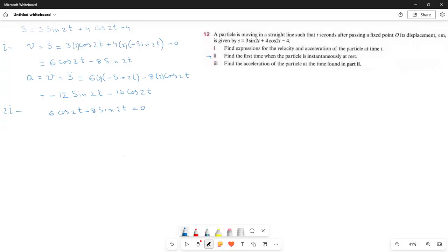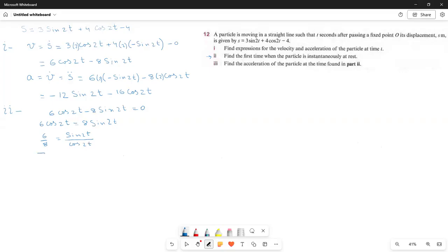So you can see that 6 cos 2t is equal to 8 sine 2t. No problem. And I can bring this 8 on the left side and cos on the right side. So it will become 6 over 8 equals sine 2t over cos 2t.